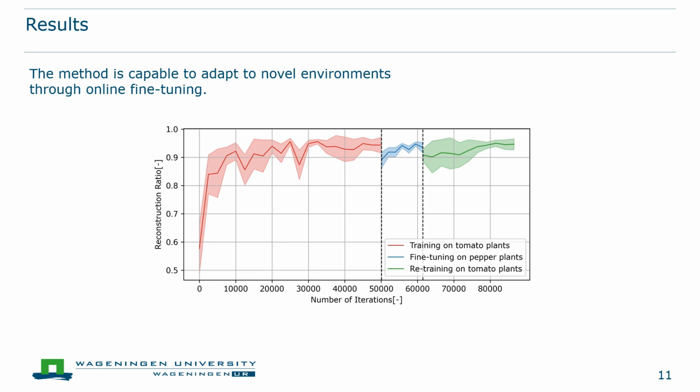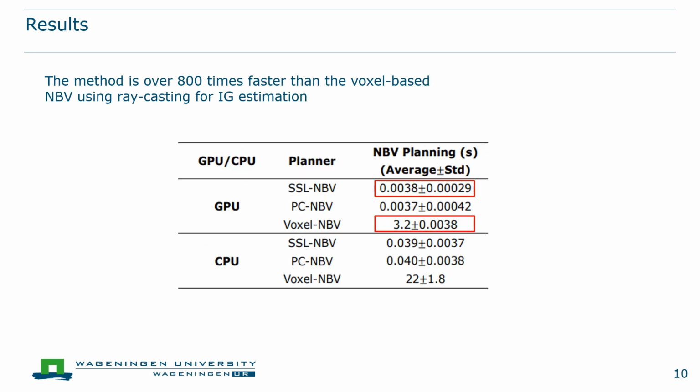This table compares the information gain prediction speed between our proposed self-supervised learning NBV and the voxel-based NBV, which relies on raycasting for information gain estimation. The results show that our method is over 800 times faster in information gain prediction.